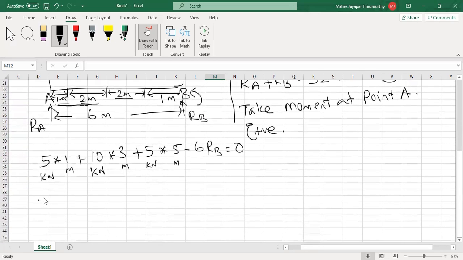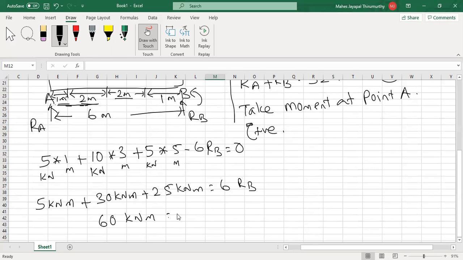So now 5 kilonewton meter plus 30 kilonewton meter plus 25 kilonewton meter equals 6 RB. The total is 60 kilonewton meter, equal to 6 RB.